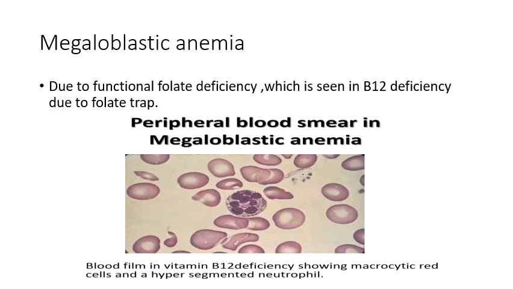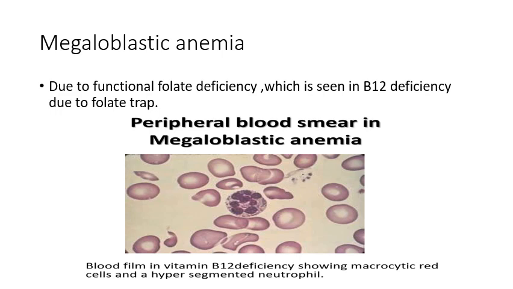The second deficiency manifestation is megaloblastic anemia. It occurs due to functional folate deficiency, which is seen in B12 deficiency due to the folate trap. I don't want to discuss it again in detail; we have seen how B12 deficiency leads to the folate trap. Megaloblastic anemia is also a characteristic feature of folic acid deficiency.